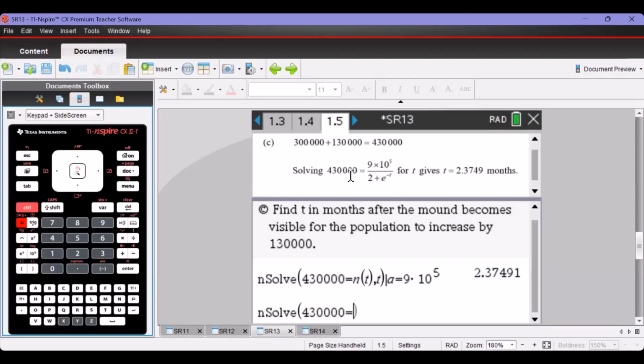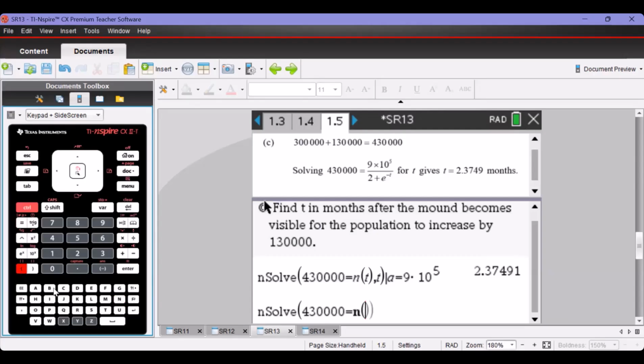Because N of T has been assigned, we just need to type in N of T, and notice that the N is bold and non-italicized, which is good. That signifies that N, and N of T by extension, is representing something. Then comma T, and then close the bracket. And then we want to add, because remember when I assigned N of T, I assigned N of T with A.